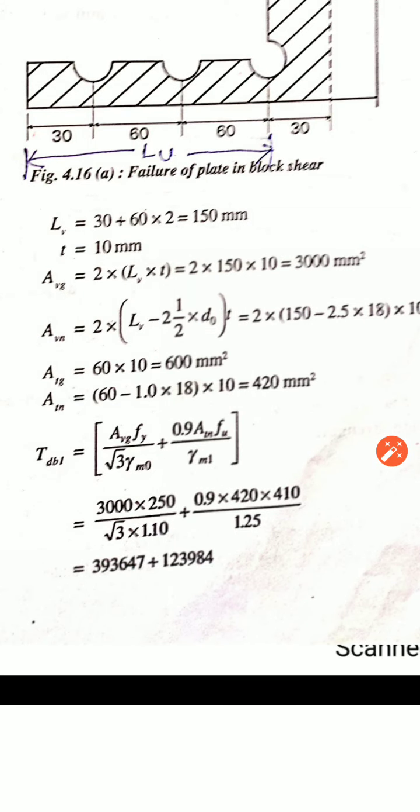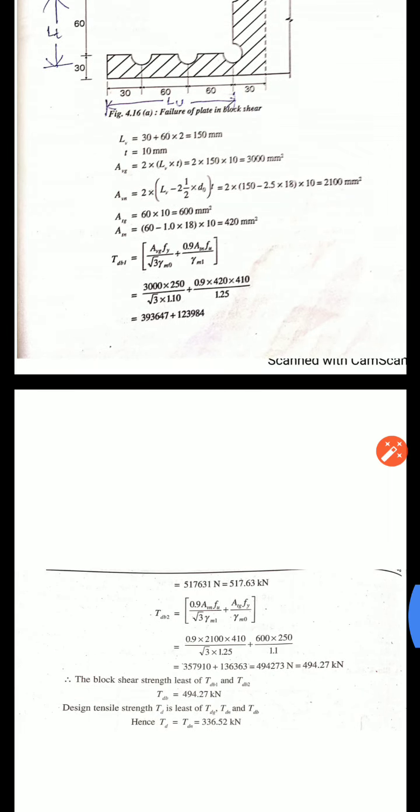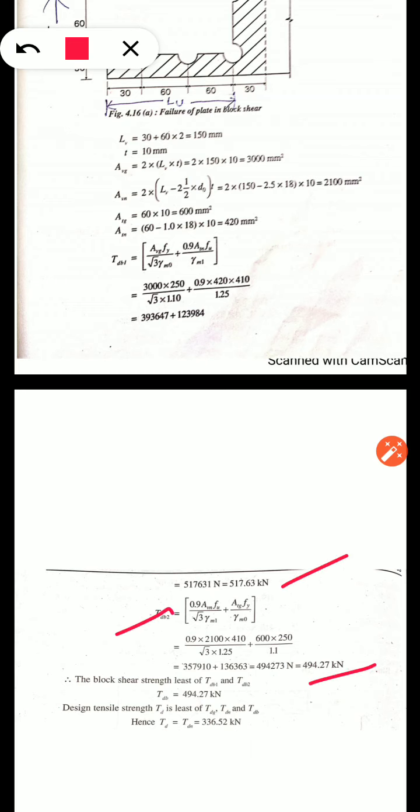AVG is 3000, Fy 250 divided by root 3 into 1.1, plus 0.9 ATN is 420, Fu is 410, 1.5. So we got TDB1 as 517. If you substitute in one more formula, we get 494. So of TDB1 and TDB2, the least value is 494.